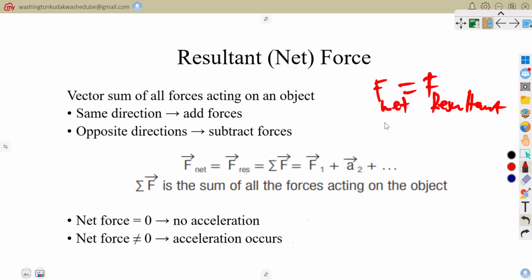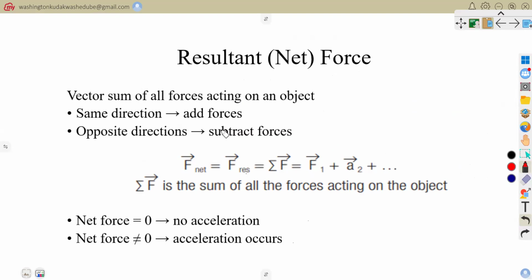The vector sum meaning to say the sum of individual vectors that are acting on that same object. That is what we refer to as the net resultant force.